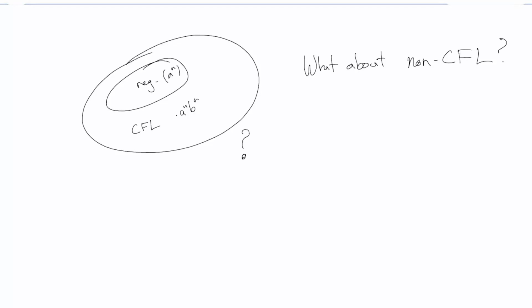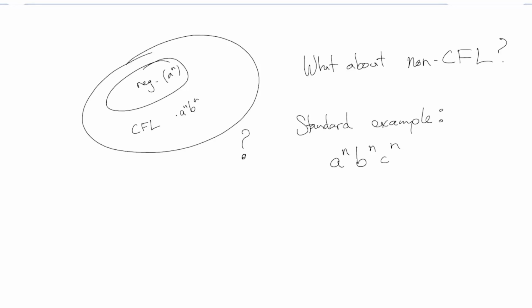There are some fairly ordinary-looking ones that are not context-free. And the standard example of this is A to the N, B to the N, C to the N. Somebody asked about this a couple weeks ago. How can you make a context-free grammar for that? The answer is actually you can't.